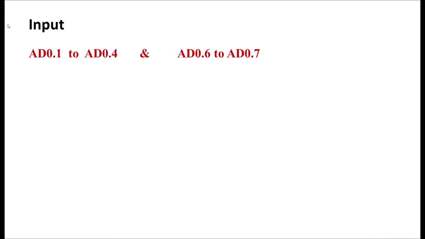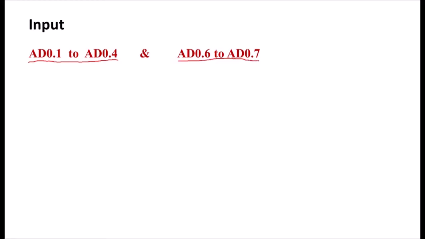There are two ADCs, AD0 and AD1. All pins of AD0 are not used. Here it is shown the pins AD0.1 to AD0.4, which means AD0.0 is not available, and AD0.6 to AD0.7.